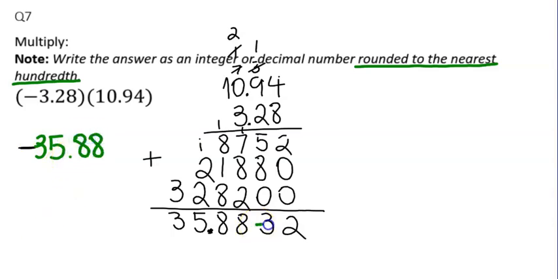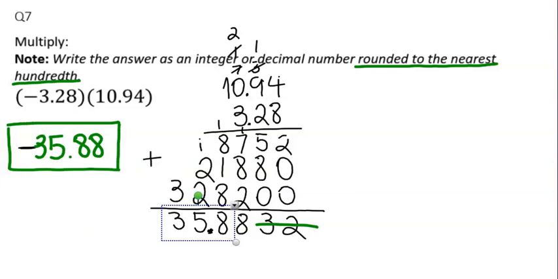I cut those 2. This is a number less than 5, so I don't add anything to the previous one. And this is out because I want to round to the nearest hundredths. So this is the tenths, this is the hundredths. So I don't want anything after that.